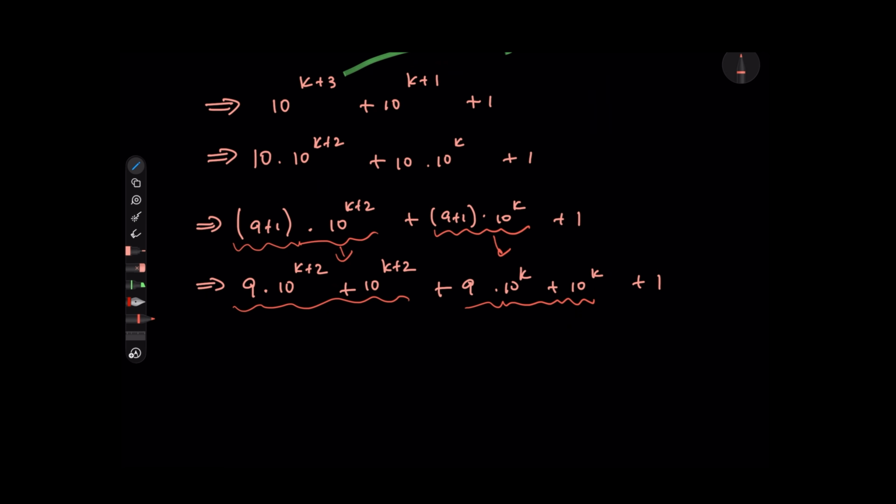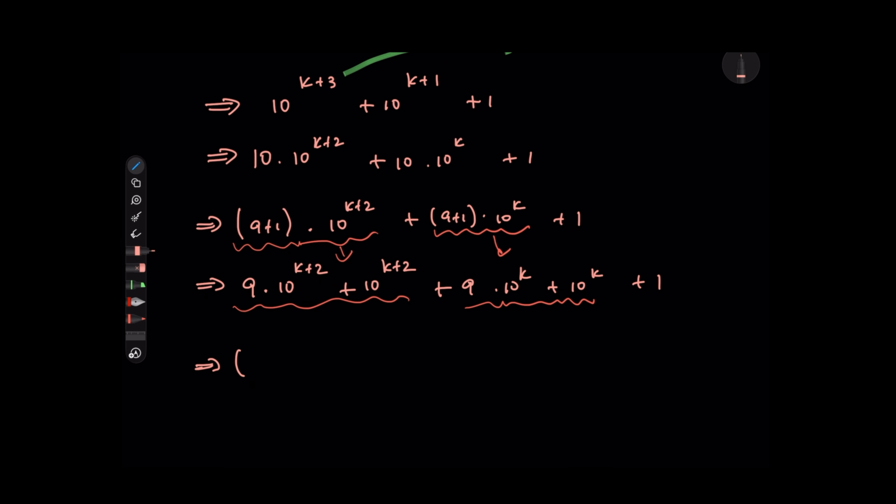Now I have all the terms from the inductive hypothesis. Let's count it. I have 10 to the power of k plus 2. I have 10 to the power of k by itself, and I have my plus 1. So I'm seeing the inductive hypothesis is here. So let me factorize everything and group those terms together now.